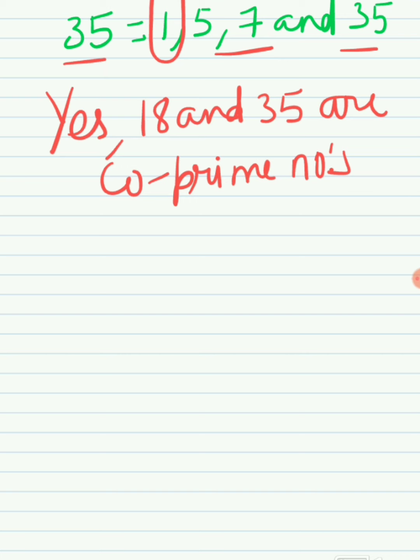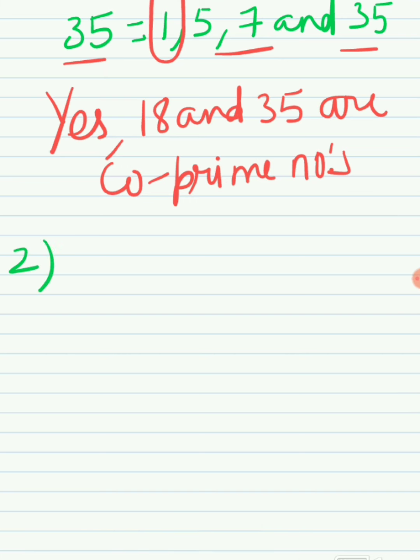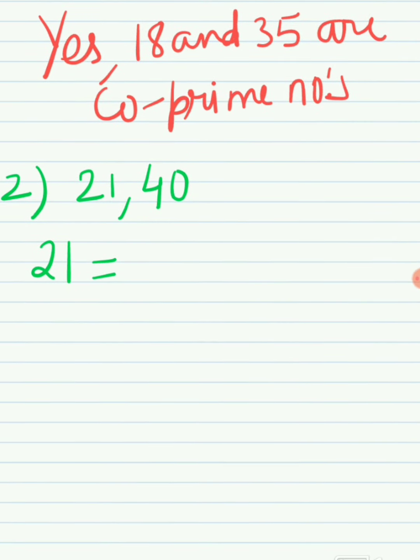Let's take one more example. Second example, 21 and 40. So we will write the factors of 21. This is the common method. The factors of 21 are 1, 3, 7 and 21.